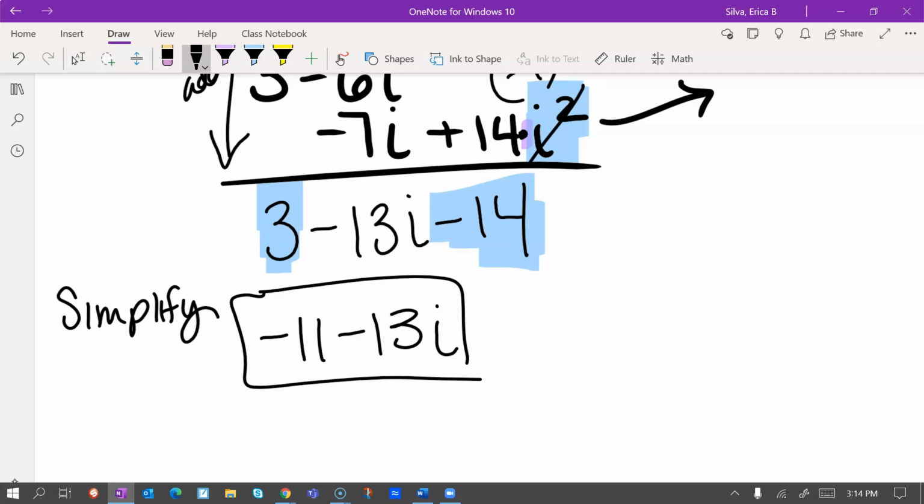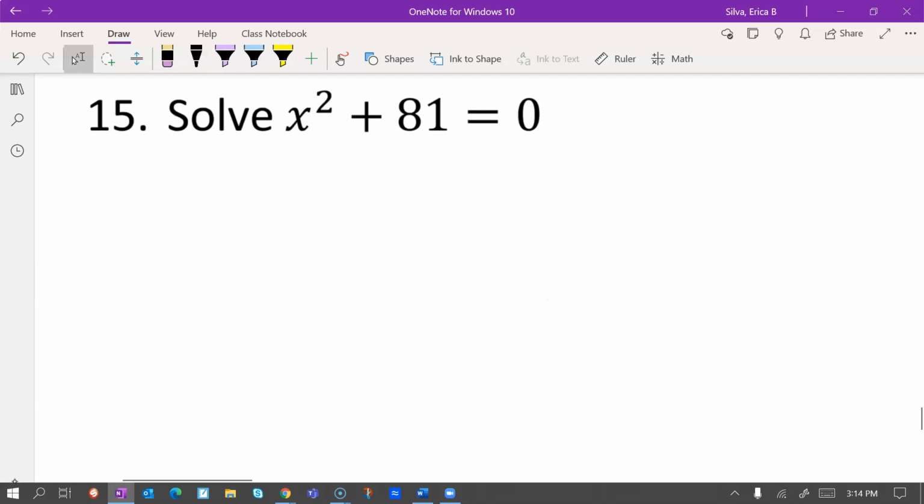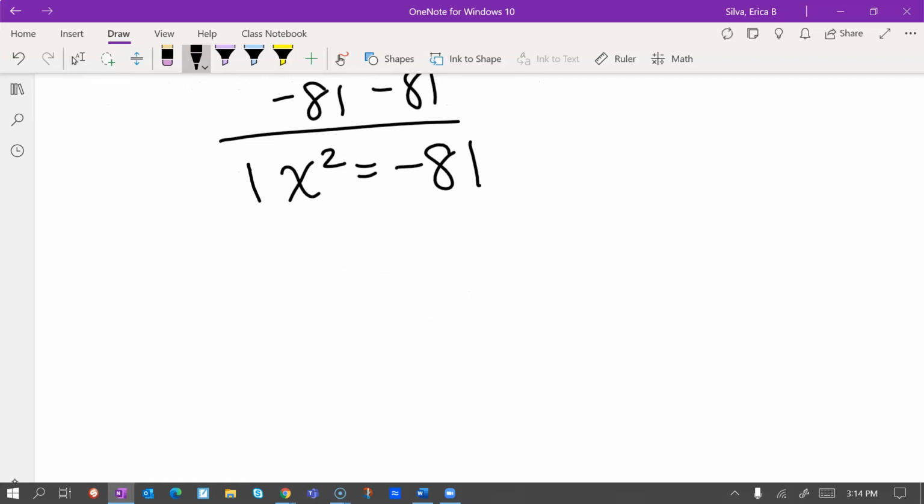I believe there is time for, no, we'll just finish it. All right, last two. Whenever you have a variable squared plus a number, we just have two terms. We get x squared equals negative 81, and then we do the square root. These cancel each other out.